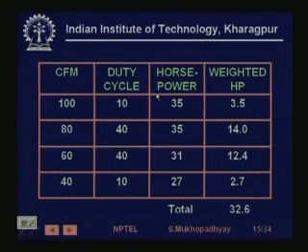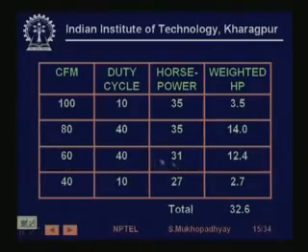For our example and the fan curve that we have seen, at 100% CFM, 100% flow, the horsepower requirement becomes 35. We will see how it comes to 35 from those curves. At 80%, the horsepower requirement is also 35, hardly any reduction. At 60%, it falls to 31, and at 40%, it falls to 27.